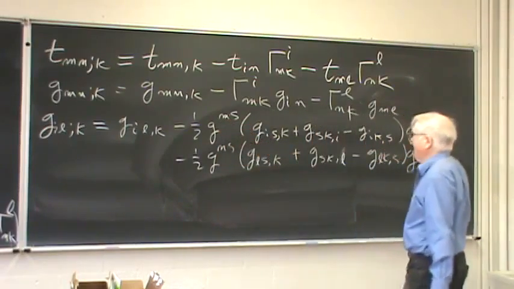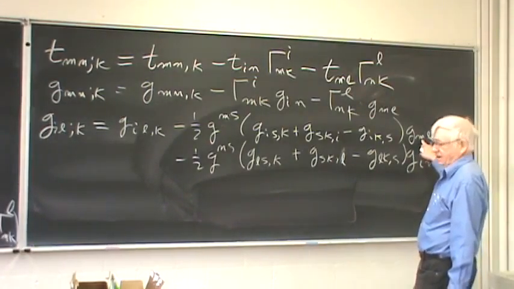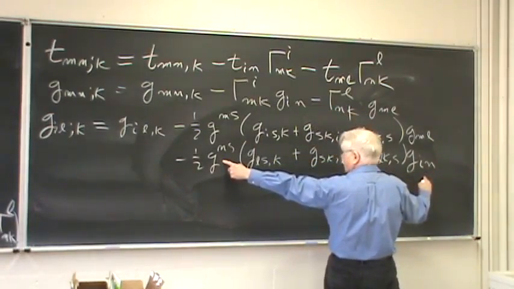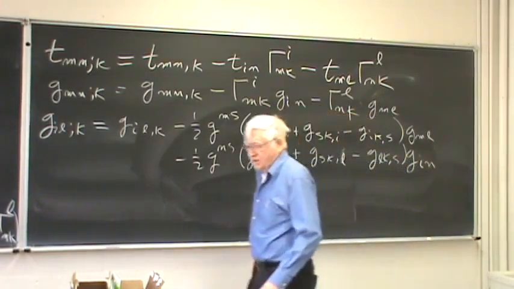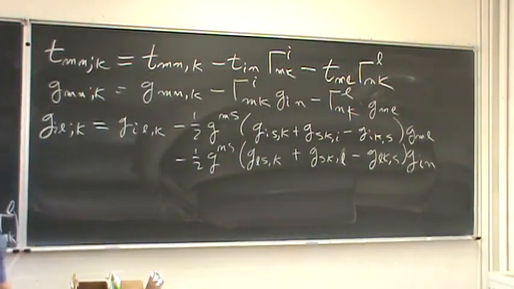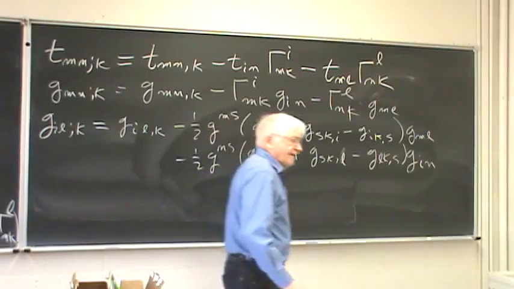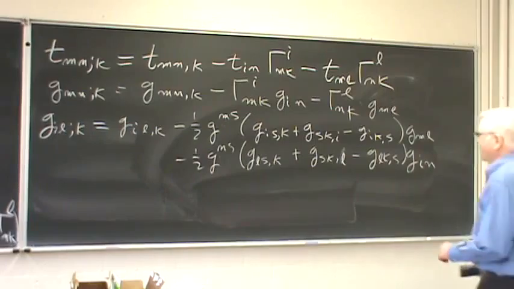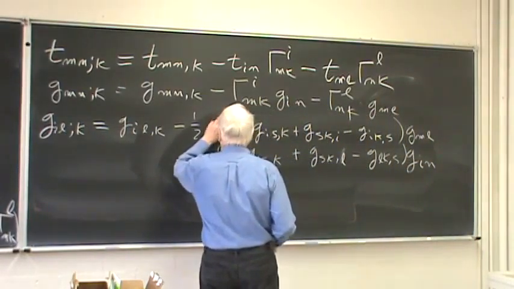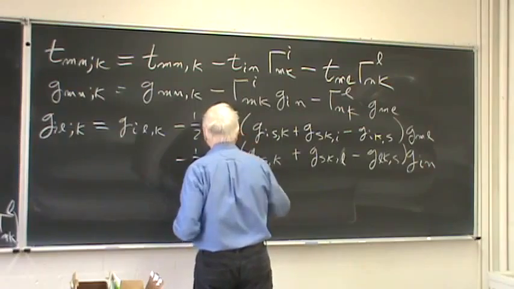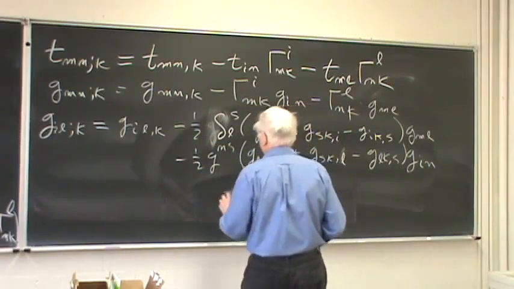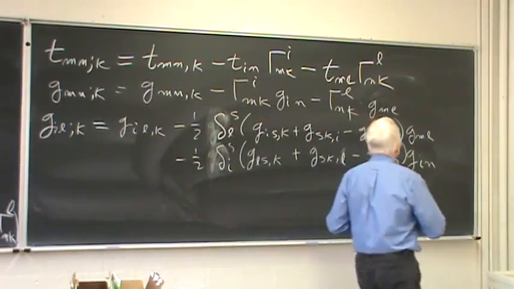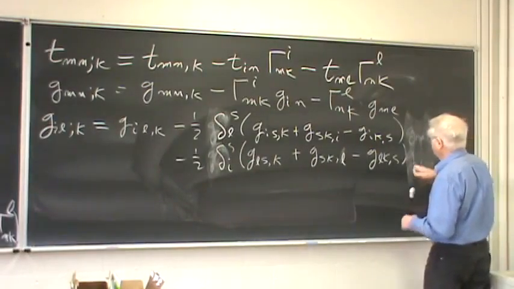So this with that gives us delta^S_L, and this with this gives us delta^S_I. So let me do that on the fly here. So what we'll get here is delta^S_L, and here we're going to get delta^S_I. And so we get rid of these two guys.